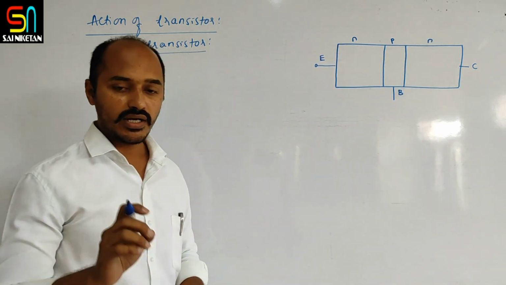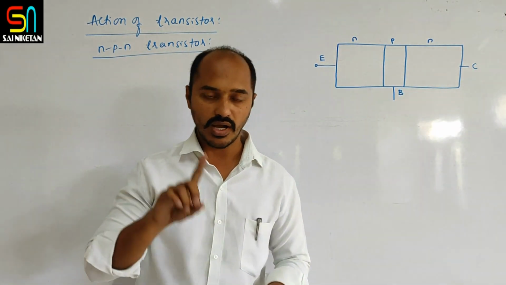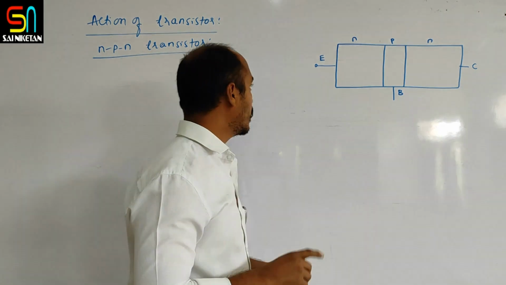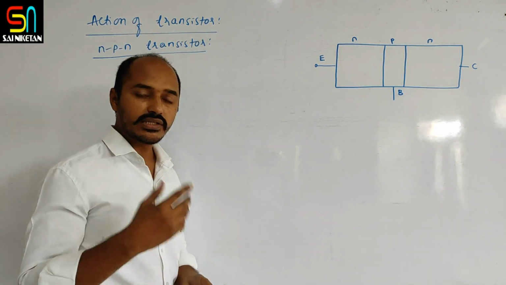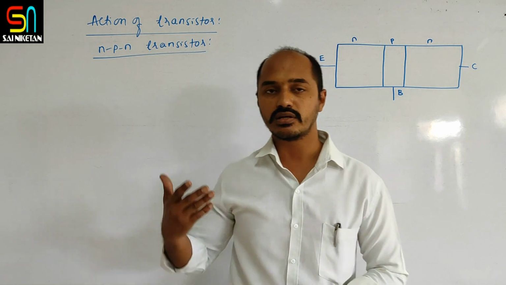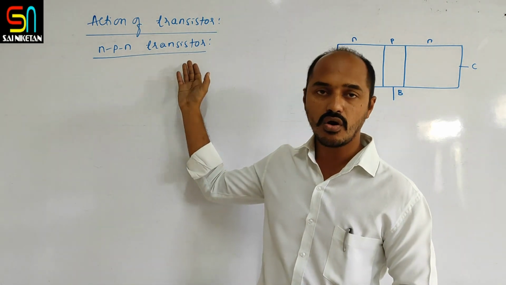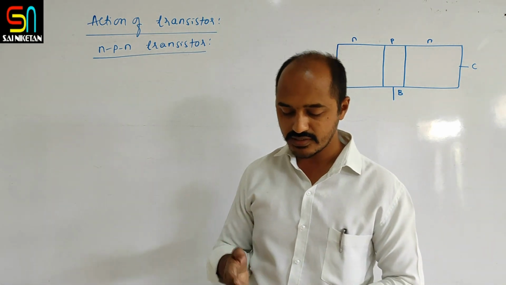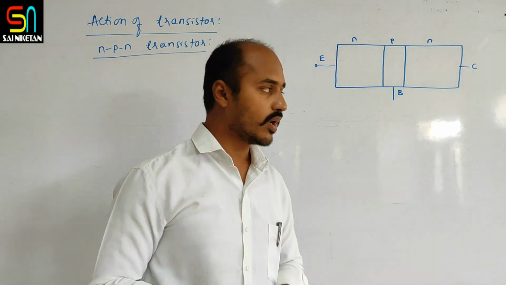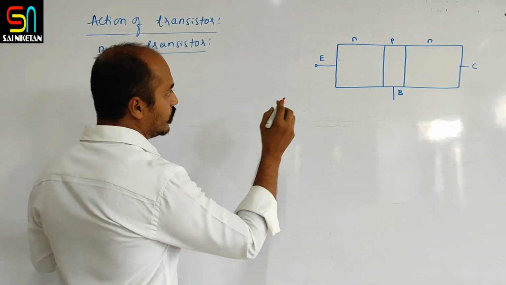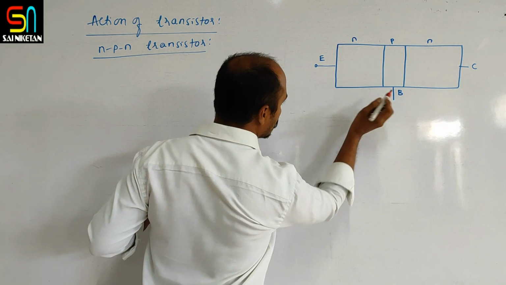While connecting, you just remember one point. Whatever the transistor may be, NPN or PNP, remember one point. I told you this junction is the emitter base junction.